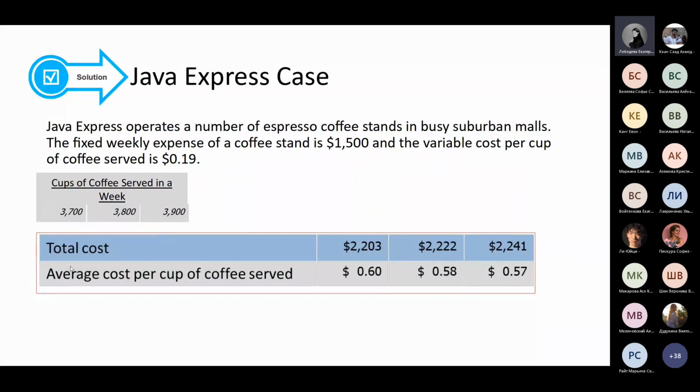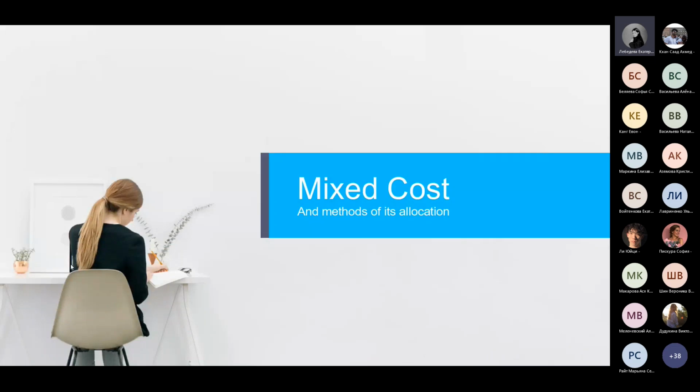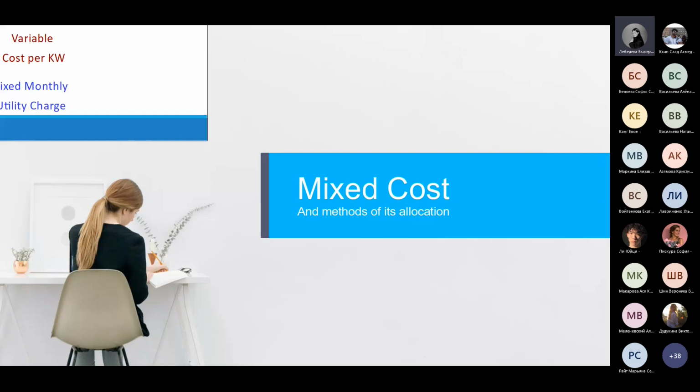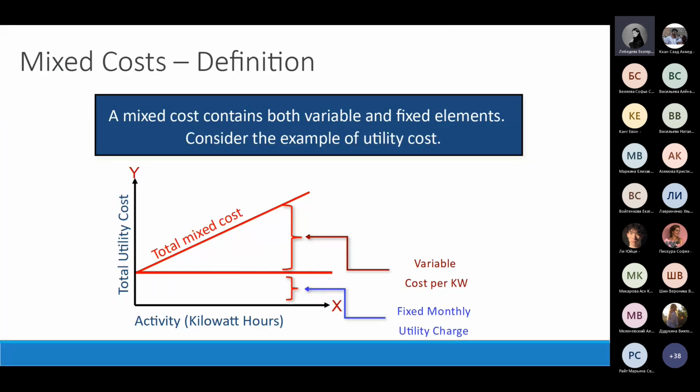from the beginning. So from here, we'll move to the next position, which is the mixed cost, and how to allocate the mixed cost. Actually, mixed cost contains both variable and fixed elements.